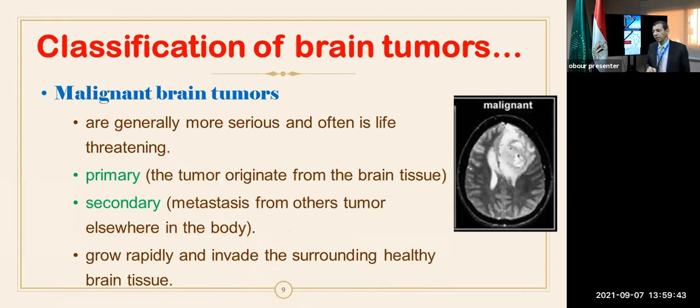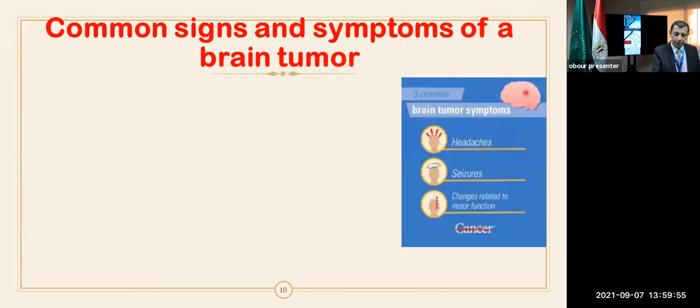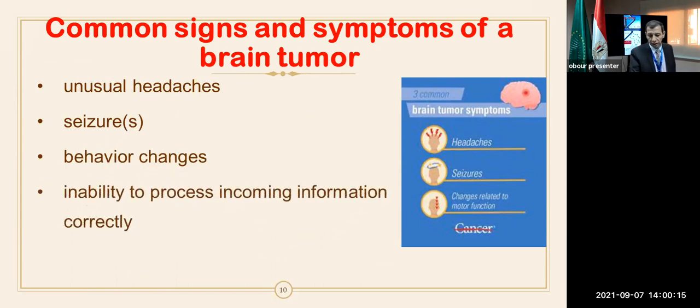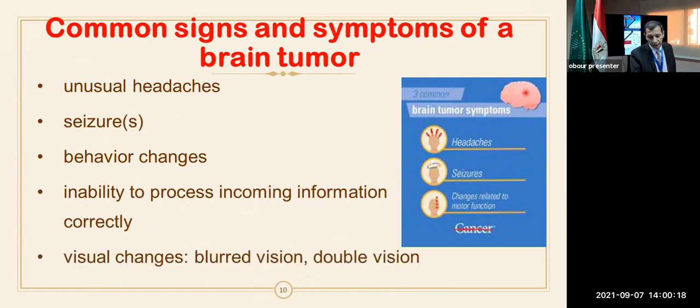The problem of this type is that it grows very fast and has a very harmful effect on humans. There are some symptoms and common signs of brain tumor, such as unusual headaches, seizures, behavior change, inability to process incoming information correctly, and some visual changes, such as blurred vision and double vision.